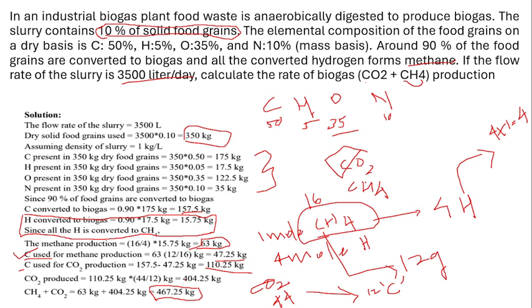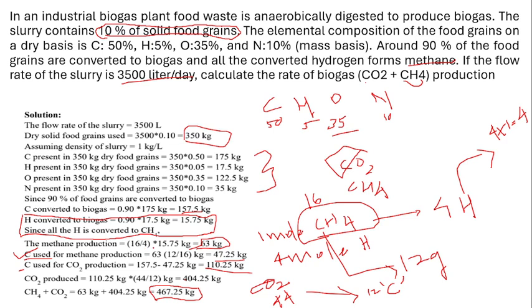So for 4 grams of hydrogen, 16 gram of methane is formed. In a similar way, for 15.75 kilogram of hydrogen, how much methane can be formed? It is a direct question. That is why we are multiplying 16 into 15.75 divided by 4.